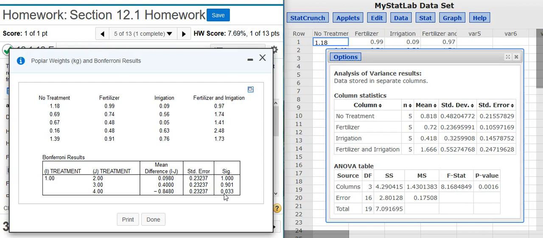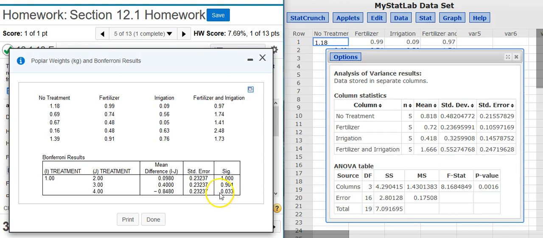Well, what significance value do we have for testing our claim? It's 10%. So this first pairing, where we have a p-value of 1, that's definitely greater than 10%, so there's not going to be a significant difference between these two treatment groups. Same thing for the second pairing. 0.901 is greater than 10%, so there's not anything there.